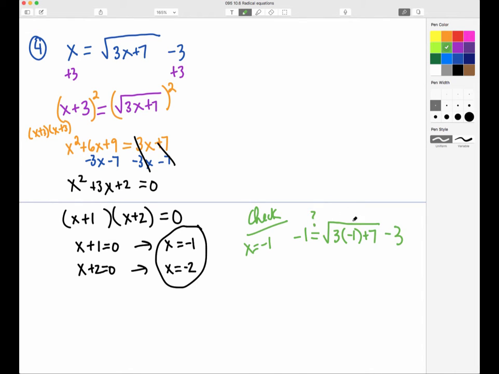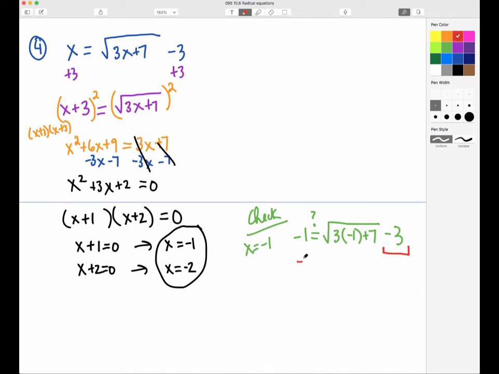So does the left side equal the right side? Now before we jump the gun and say, oh, well, the answer doesn't work because a negative equals a square root, don't forget that there is this extra chunk over here. There's an extra term that says subtract 3. So it is possible that this could work out.